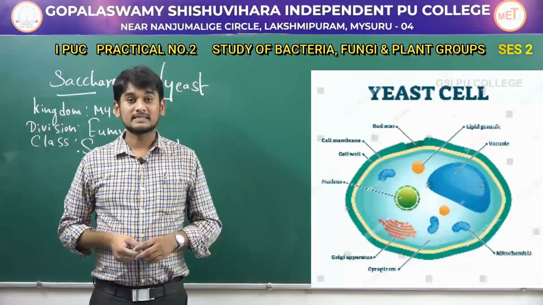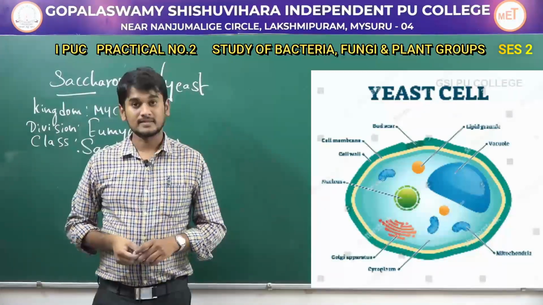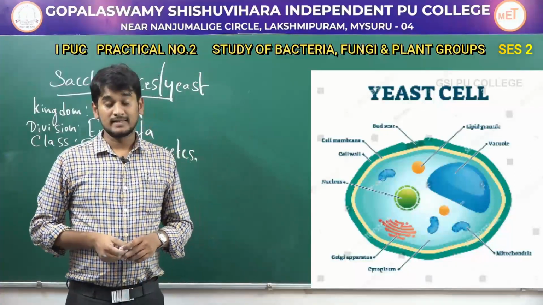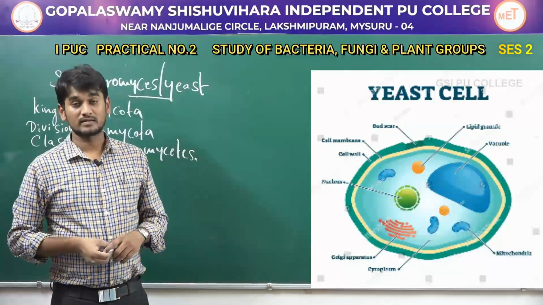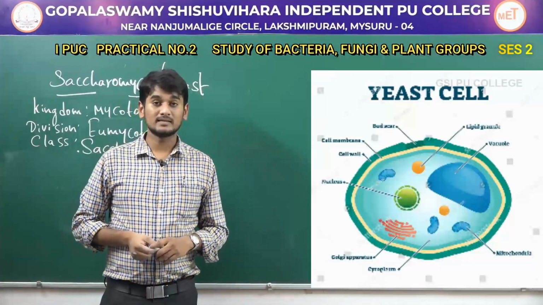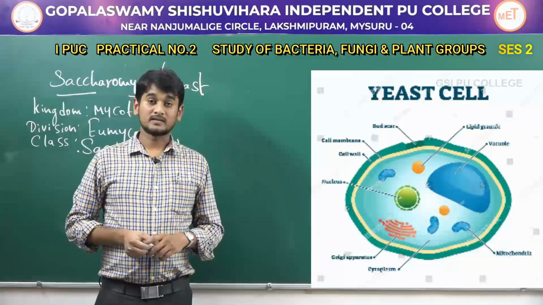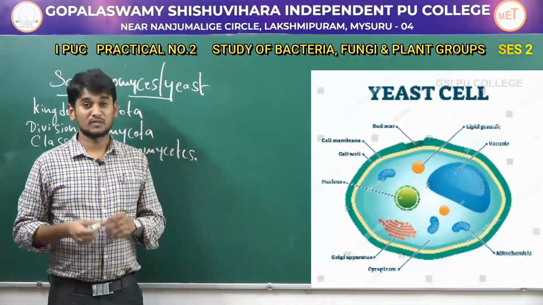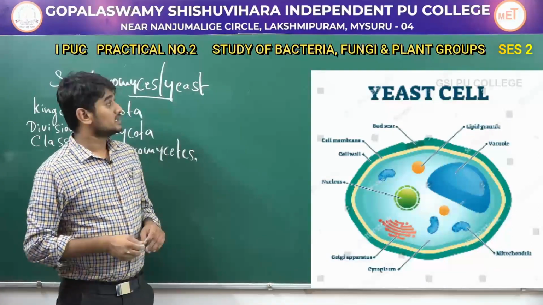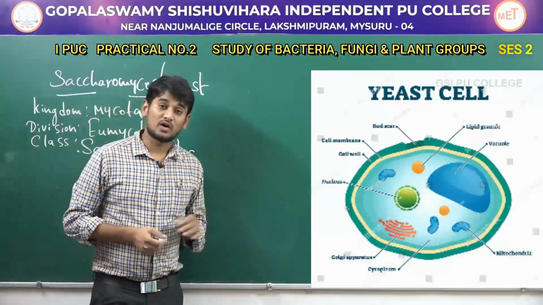Yes, the next one is Saccharomycetes, commonly called yeast. It comes under kingdom Mycota, division Eumycota and class Saccharomycetes. Yes, dear students, we know about yeast used in bakery products, and yeast is a unicellular fungus.